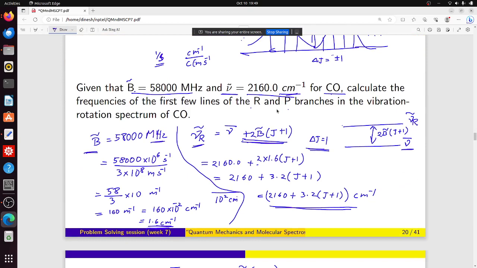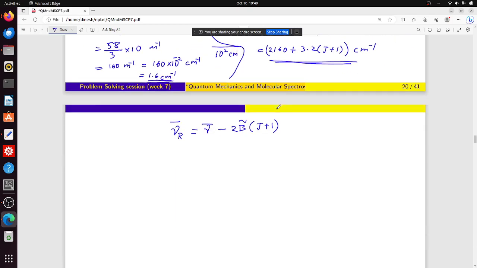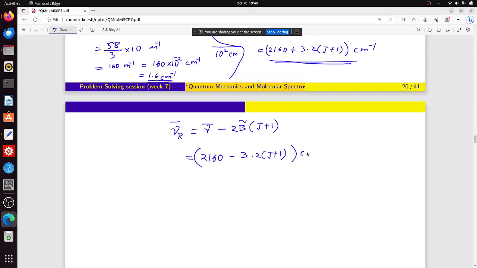So from the fundamental frequency, this line will be deducted. So this will give me 2160 minus 3.2 (J plus 1).